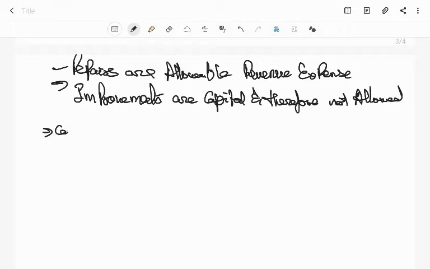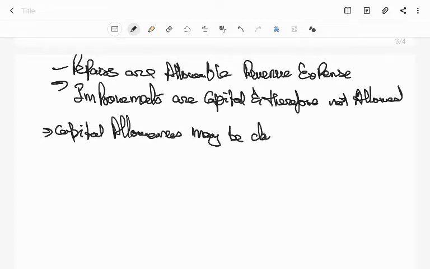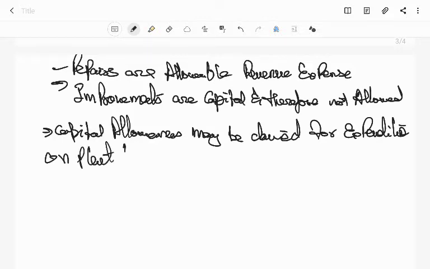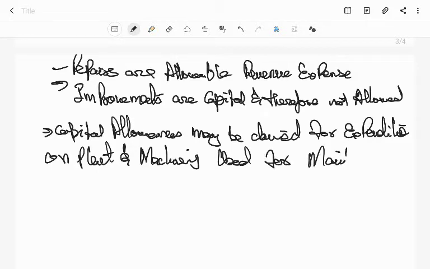Capital allowances may be claimed for expenditure on plant and machinery for maintenance of the property.